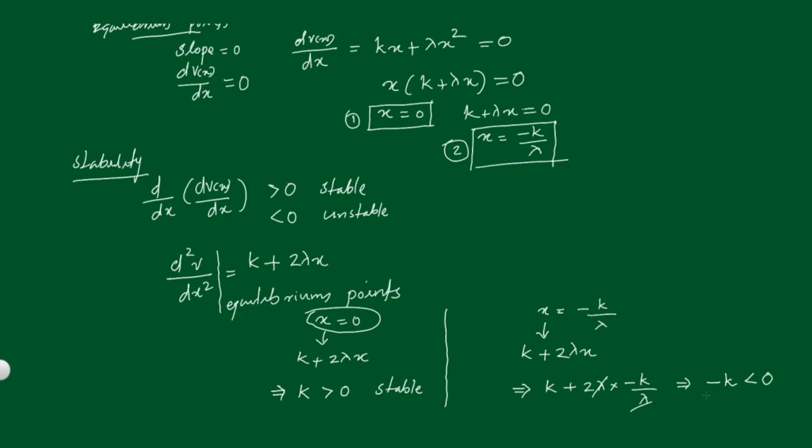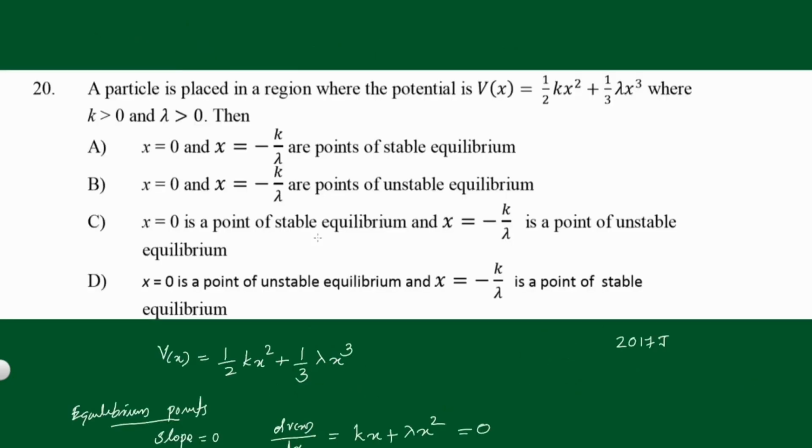That means x equal to minus k by lambda is an unstable equilibrium point. So now we can check the options given. Among the options, option C is the right answer. So x equal to 0 is a point of stable equilibrium and x equal to minus k by lambda is a point of unstable equilibrium.